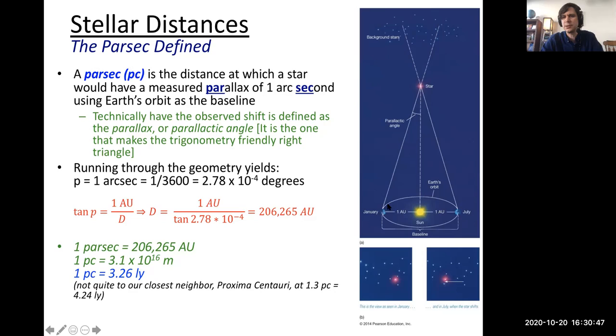Wait 6 months, so Earth is on the other side of the sun, a full diameter of Earth's orbit, which would be 1 AU plus 1 AU, 2 AU away, and we measure again, and now it looks like it's hanging out over here. In the view of a telescope, it looks like the star went from hanging out here to, 6 months later, hanging out here. We measure the angle, we can determine the angular shift, the parallax shift, and then that gives us the angle that we want right here.